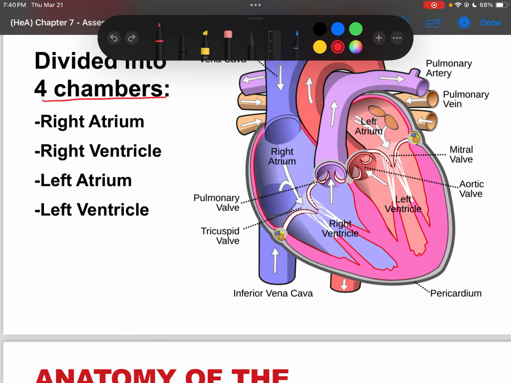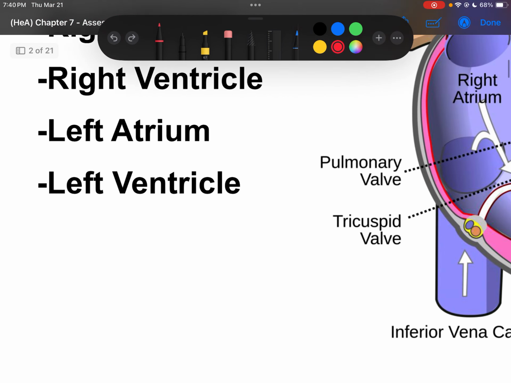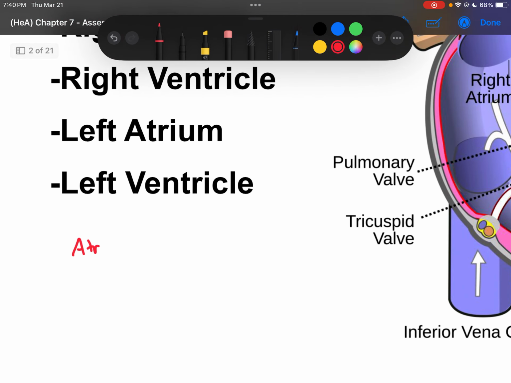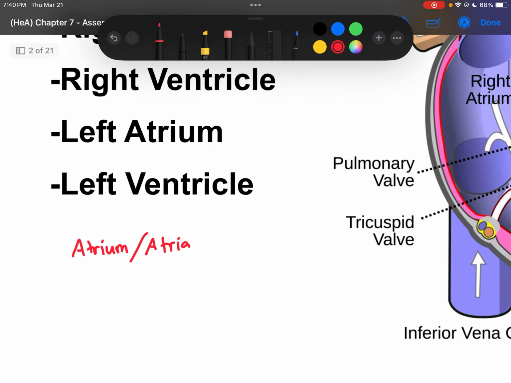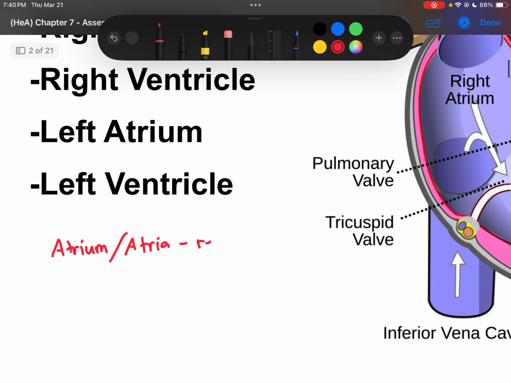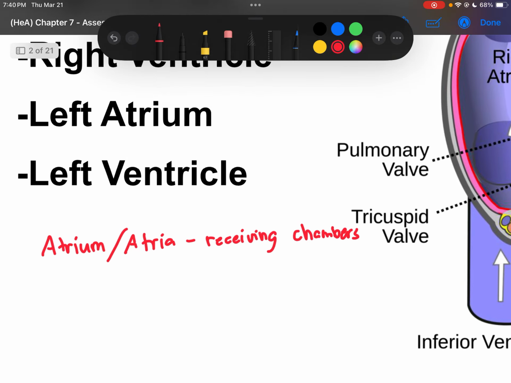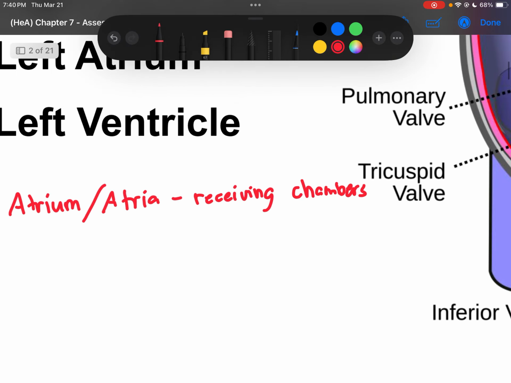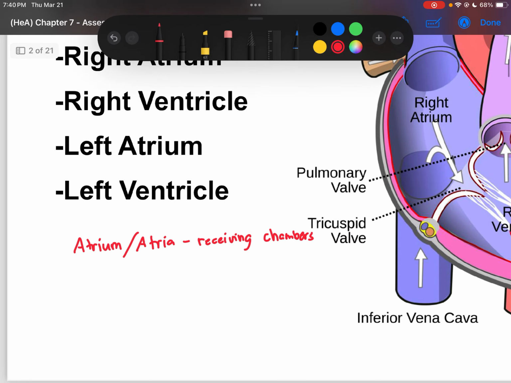The atria are what we call our receiving chambers. Because they are receiving chambers, they are the ones that receive blood. Obviously, it's a heart.